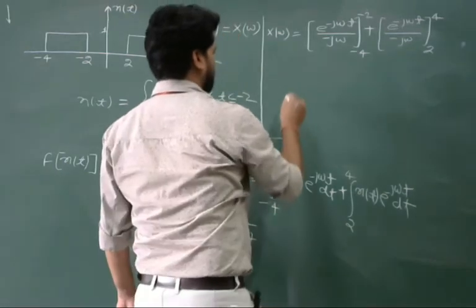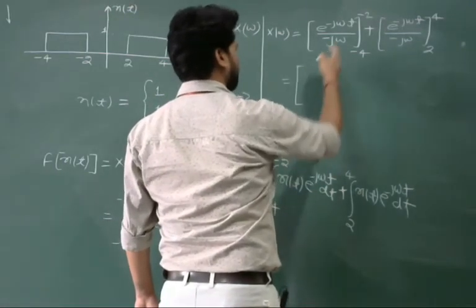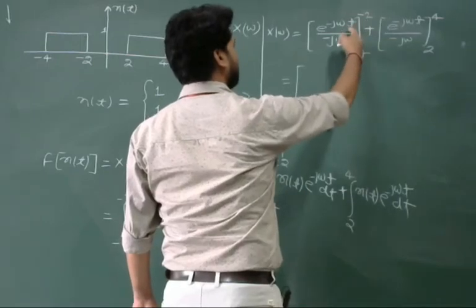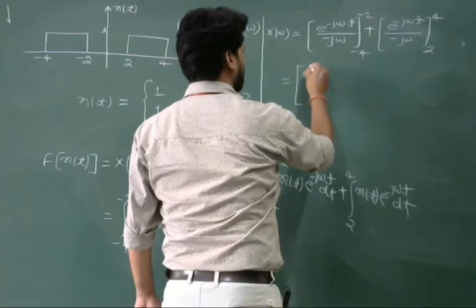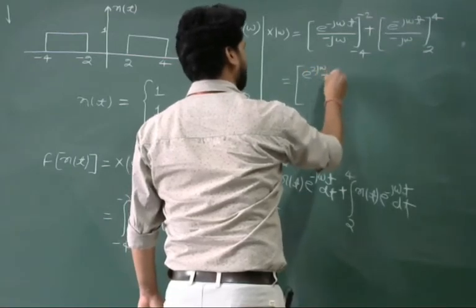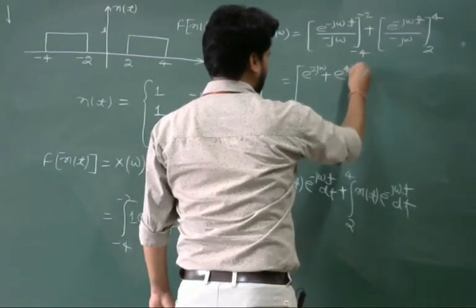Now put the values of limits. This will be equal to, when I put -2 in place of t, e power plus 2j omega, minus e power plus 4j omega.